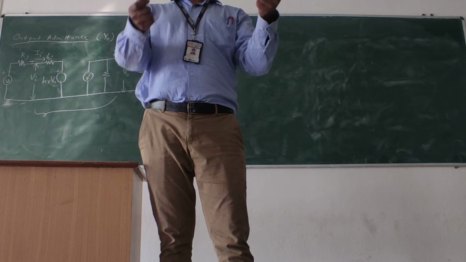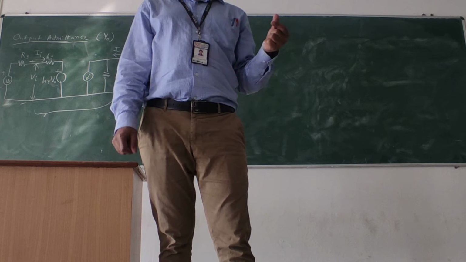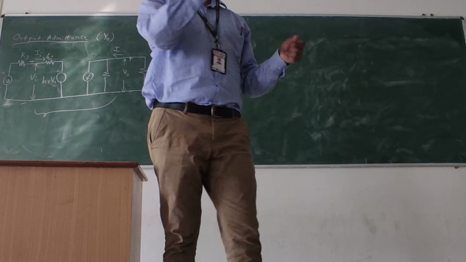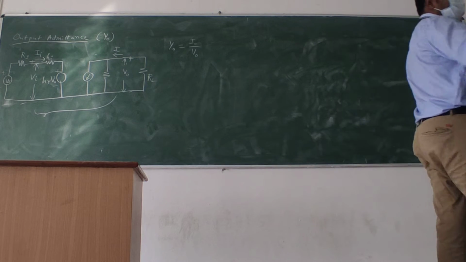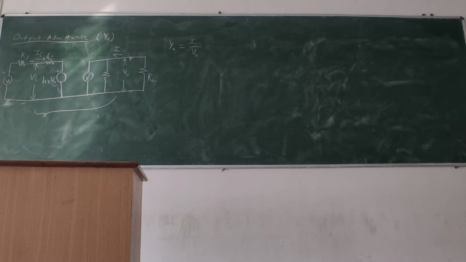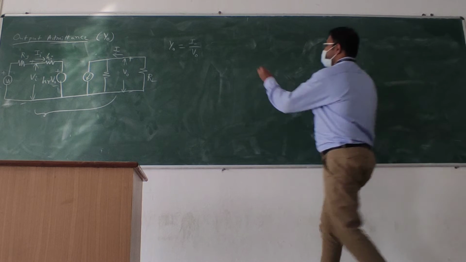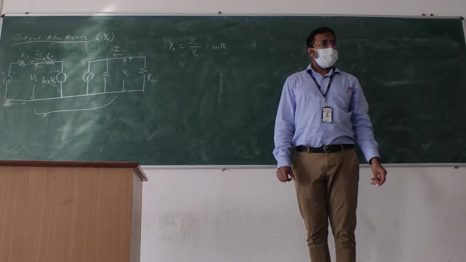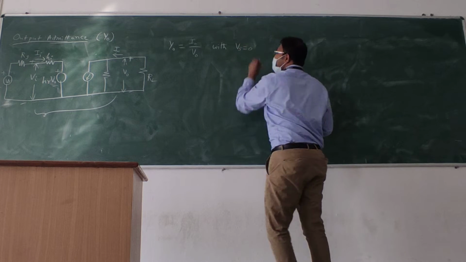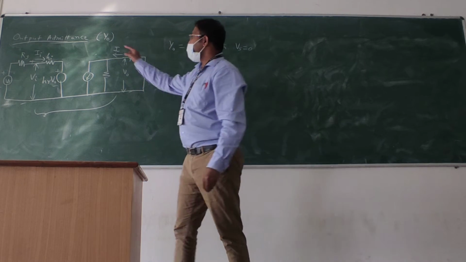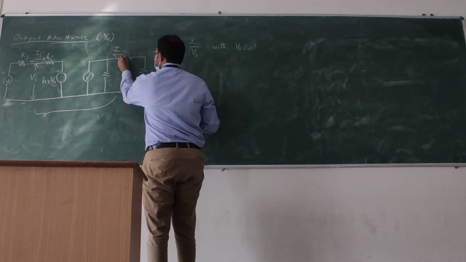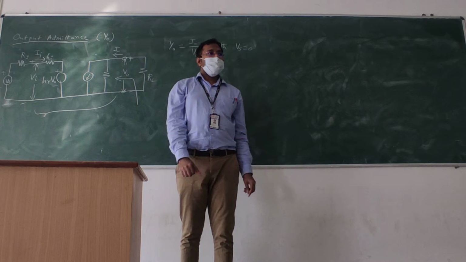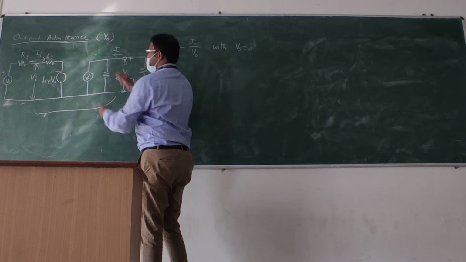That will give wrong results because current is going from the 9-volt battery as well as from the source which is already connected in the network. So the simple point you have to remember is there should not be any other source. Clear? Vs is 0. What do we mean by output admittance? It is the admittance looking into this network.